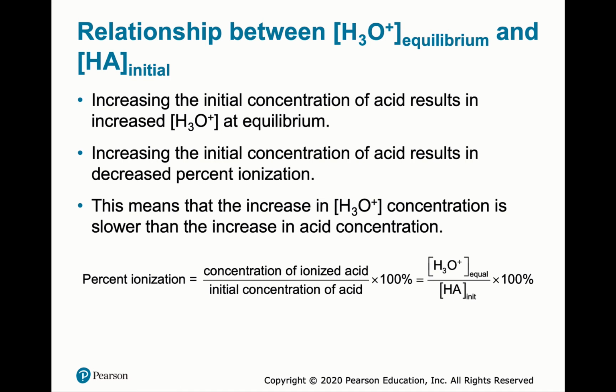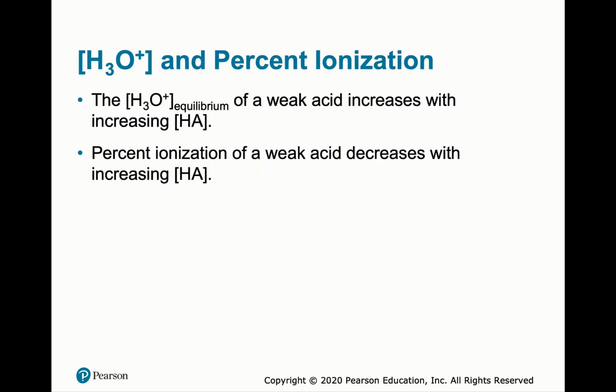Not surprising: if you increase the reactants, you have more products. That's just Le Chatelier's principle. It also means that you get a slower increase in hydronium concentration as you add more weak acid.